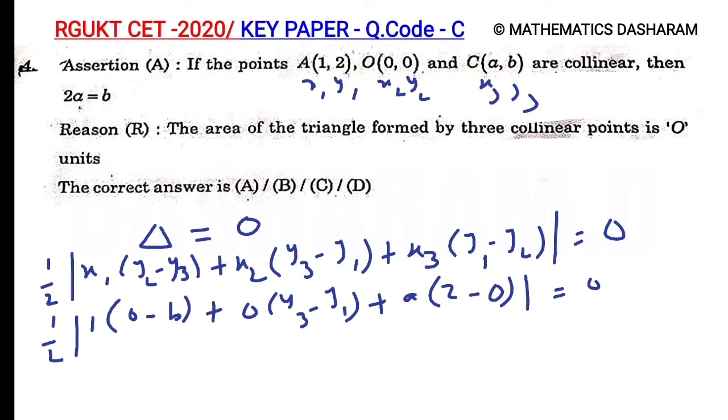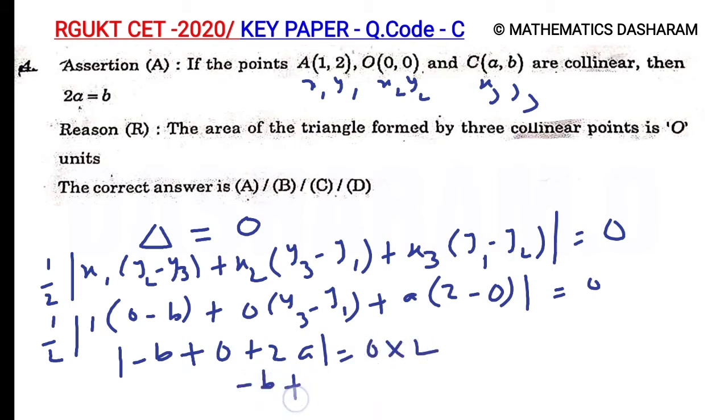So mod 1 into minus b. 1 into minus b is minus b plus 0, and here plus 2a into 0 equals 0. So it implies minus b plus 2a equals 0. So 2a equals b.